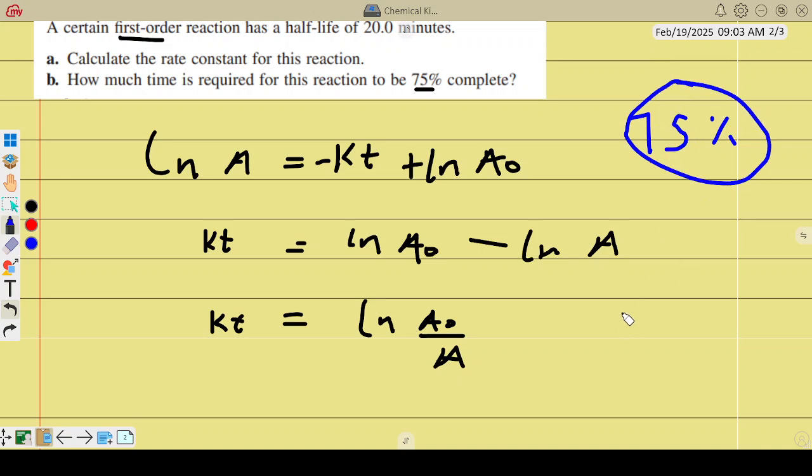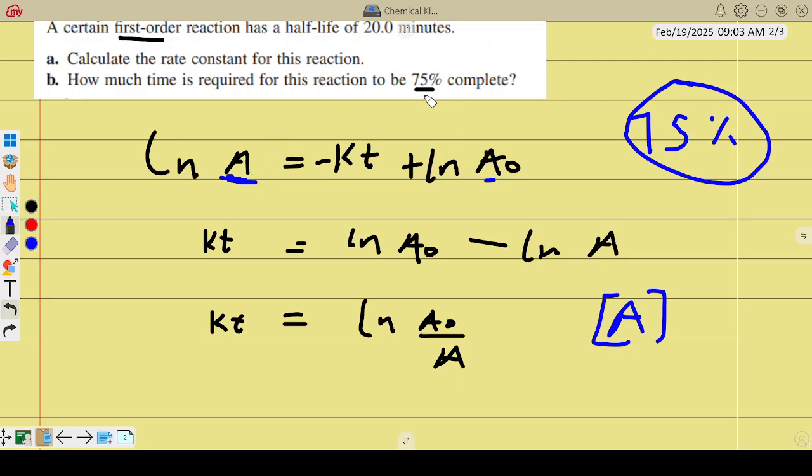Remember this A, ln A, is the final concentration. It means what is the concentration in the end? So I have the initial and the final.